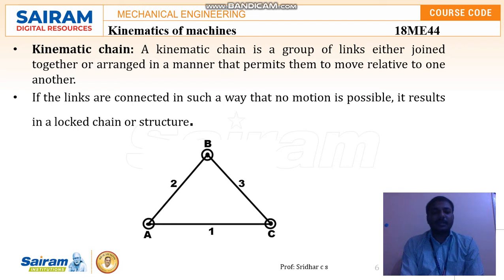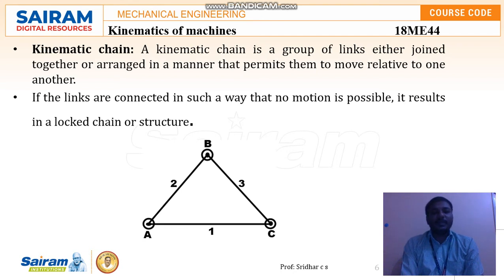A kinematic chain is a group of links put together or arranged in a manner that all the links have relative motion with each other. Whenever they have relative motion to each other, the motion can easily be transmitted through the links.